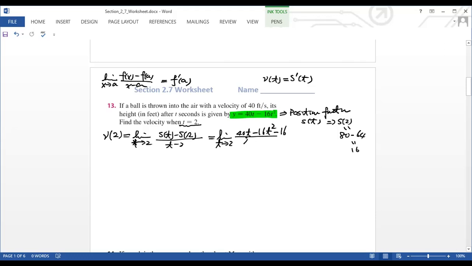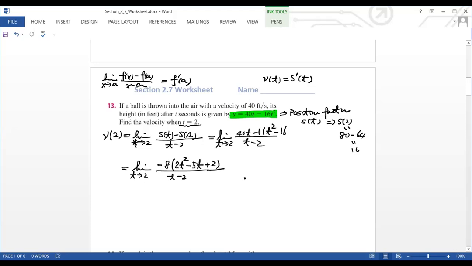So this is over t minus 2 here. Remember the way we do the limits, as t approaches 2, you can factor negative 8 out. This will be 2t squared minus 5t plus 2.